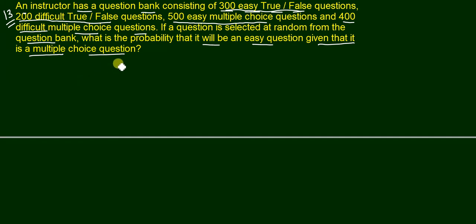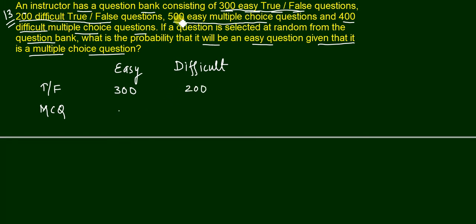Okay, so let us tabulate this data so that it is easily understood. If we tabulate it, we will understand quickly. Two types of questions are there, true false questions and multiple choice questions. According to the question, 300 easy true false, 200 difficult true false, 500 easy MCQ, and 400 difficult MCQ. So what will be the total number of true false?